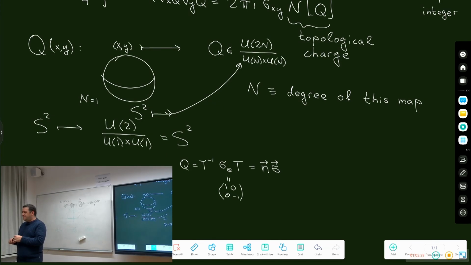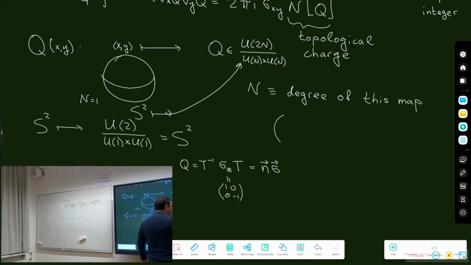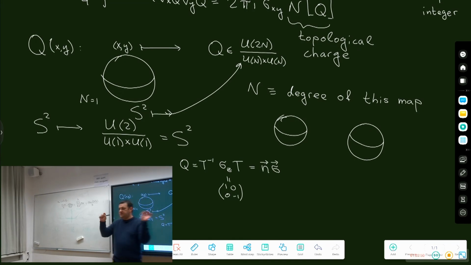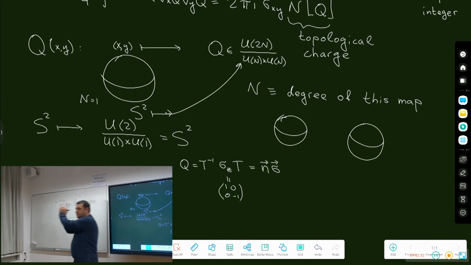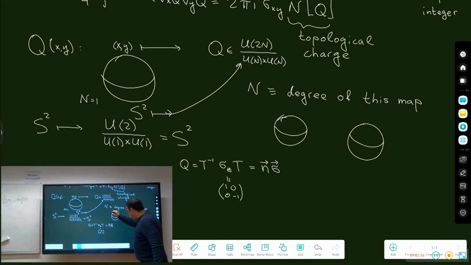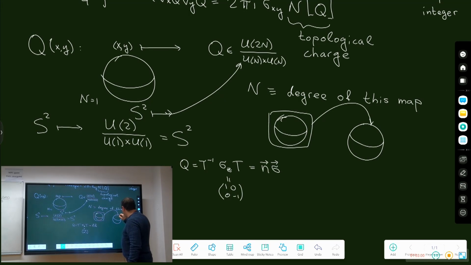I have one sphere, and I have the second sphere, and I have a continuous map from here to here. Continuous means that 2 close points should be mapped to 2 close points. And now I take this whole sphere, every point on it, and map it into a single point on this sphere, just all of them here.